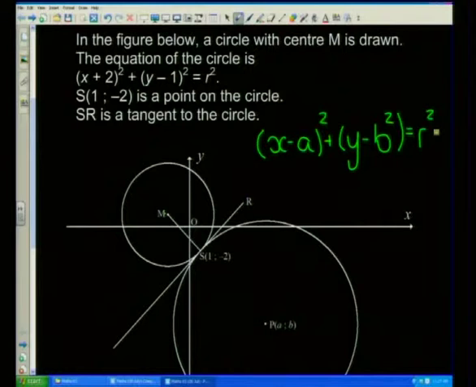With that standard formula, please remember that the negative a and the negative b form the coordinates of your circle center, okay? And because both of them have got a negative in front of it, when we take those coordinates out to make it into a coordinate point for your circle center, the signs must change, okay?